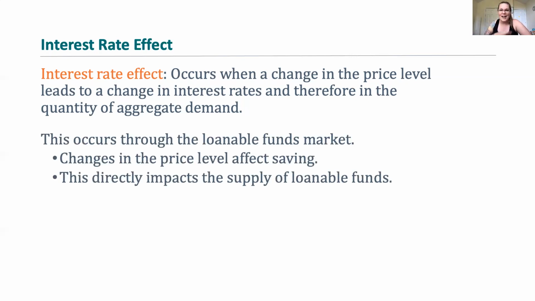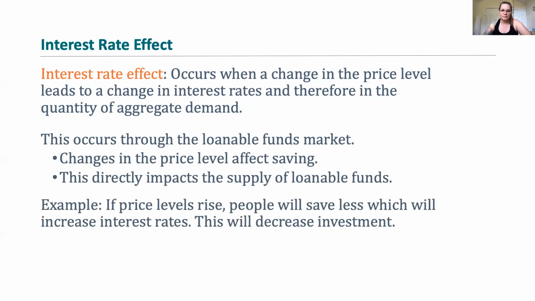This is all going to happen through the loanable funds market, which we looked at just a few chapters ago. Changes in the price level is going to affect savings rates through interest rates, and that directly impacts the supply of loanable funds. So let me give you an example. As price levels rise, things get more expensive, and so the ability of the individual to save actually falls. They're probably putting less money into savings.